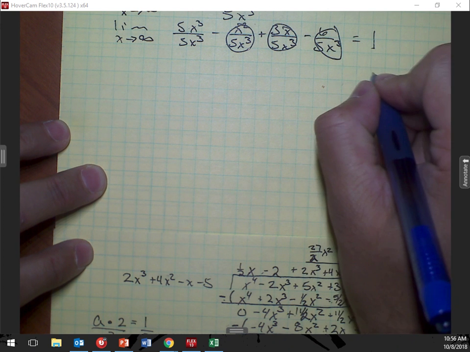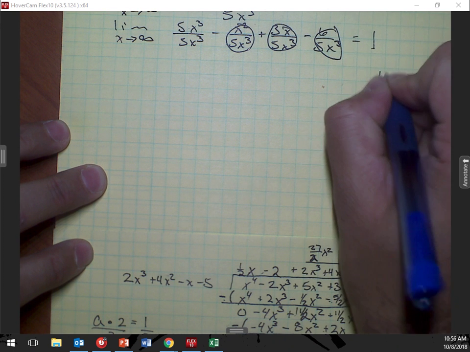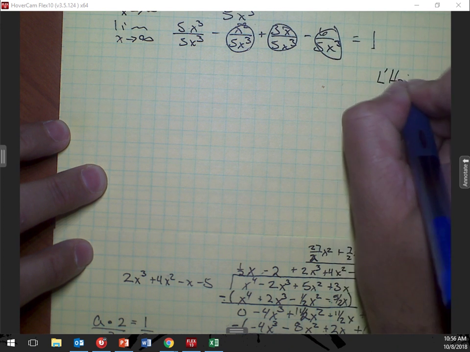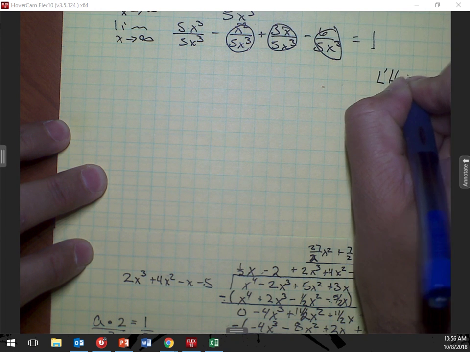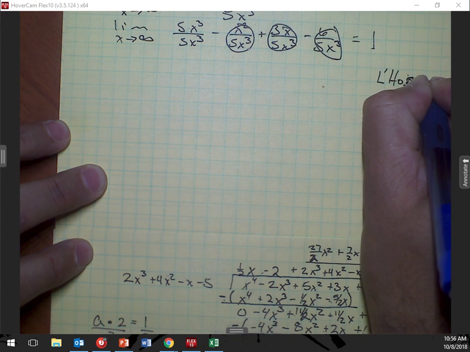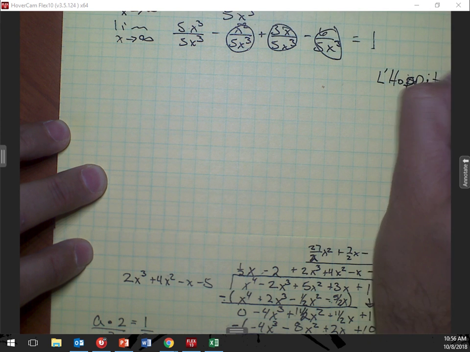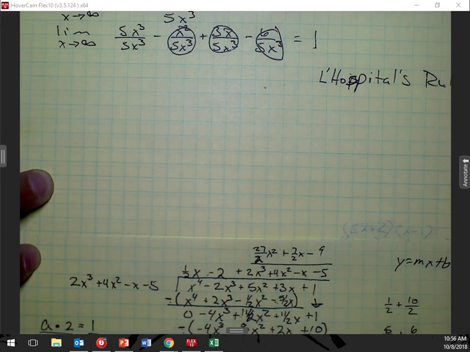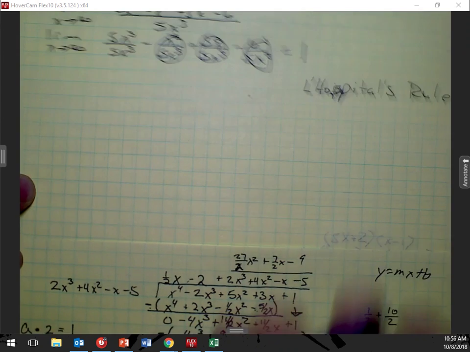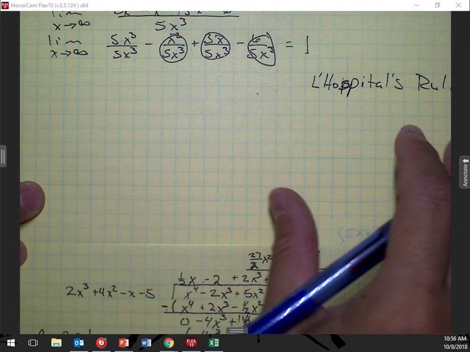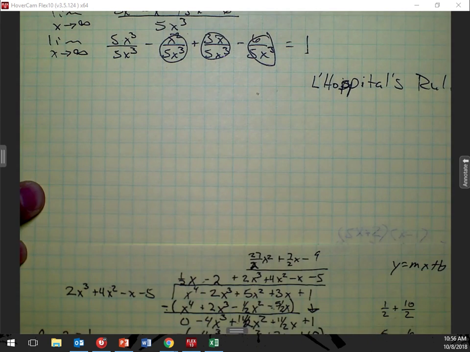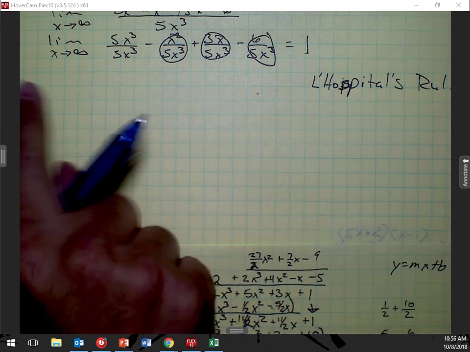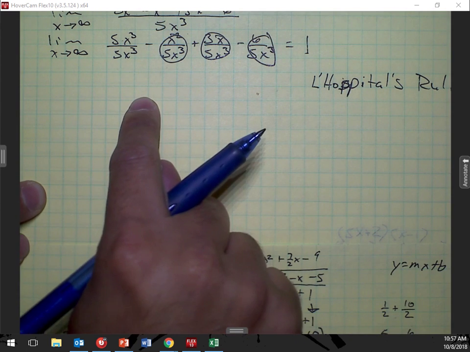It's L'Hopital's rule. Are we missing out? What are we missing out on? It's next semester. By the end of this semester. I feel like we learned it last semester. Why can't we learn it now?